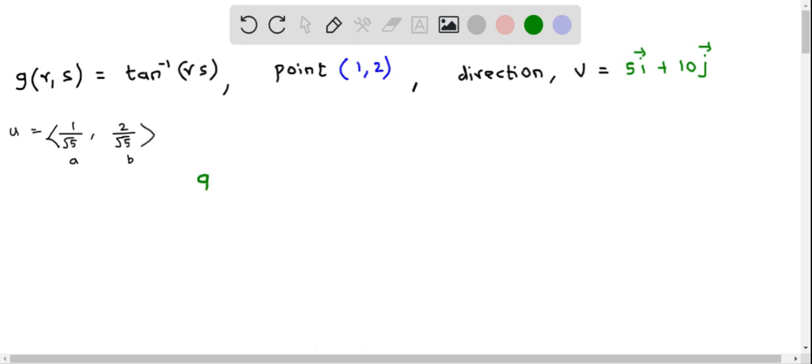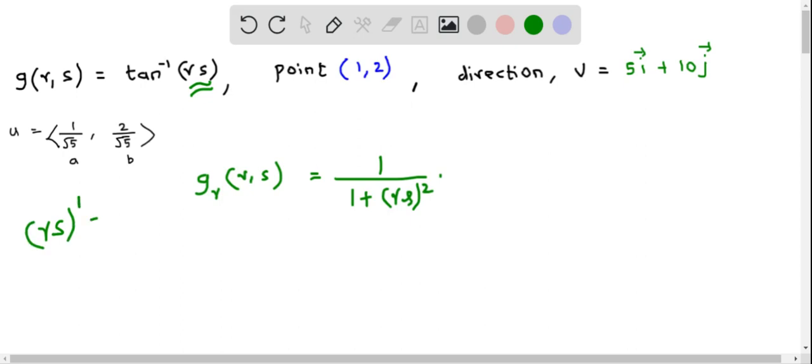First, g sub r of r comma s equals the derivative of tan inverse of x, which is 1 over 1 plus rs quantity squared, and we apply the chain rule for the partial derivative of rs. Since we are differentiating with respect to r, we treat s as constant, so the partial derivative of rs is s, and we multiply by s.